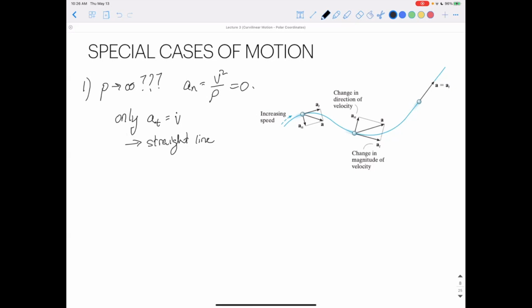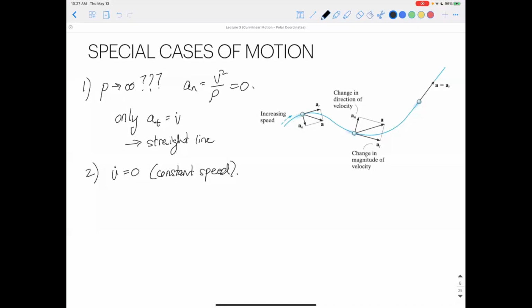What about the case where we have a particle moving along a curve at a constant speed? There's no acceleration in the tangent, so it would only be the normal acceleration.